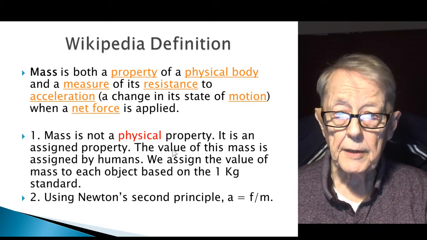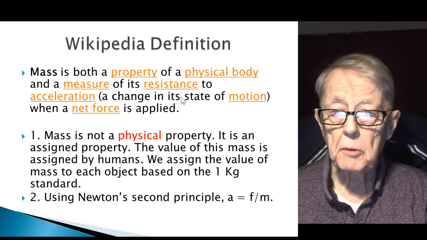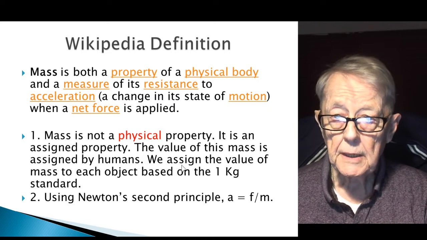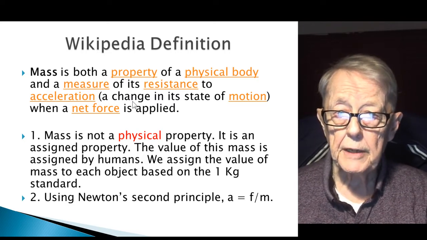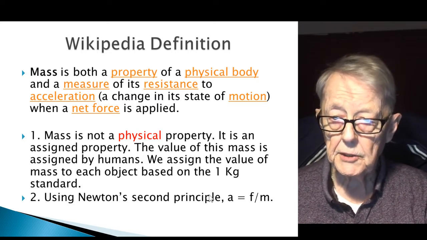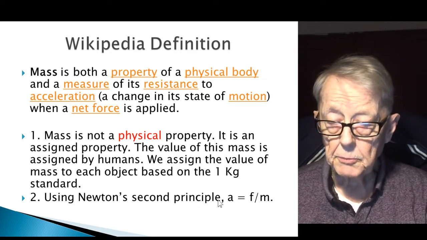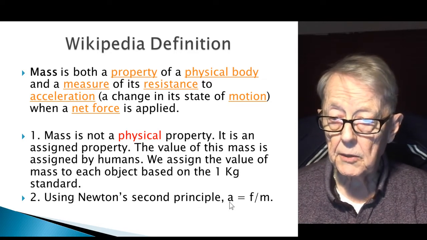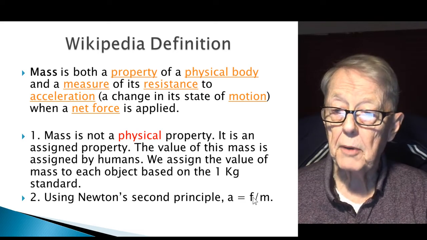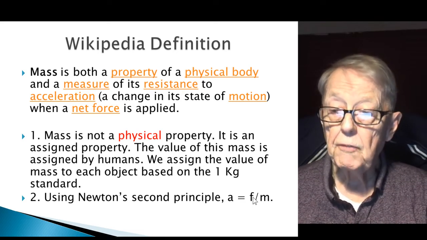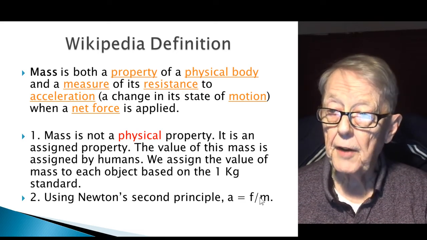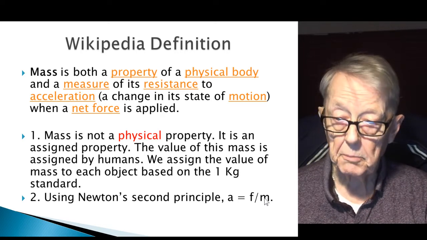Now, the second part of this actually comes from Newton's second principle. It says it's a measure of the resistance to acceleration. So Newton's principle, if you read it, says that acceleration is proportional to the applied force and inversely proportional to mass.